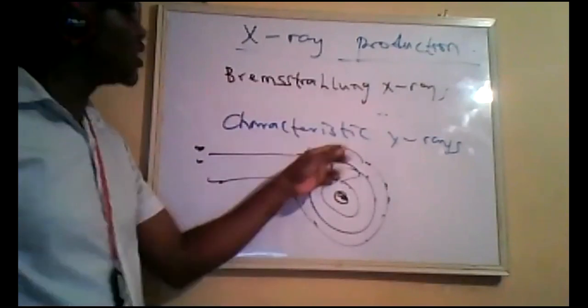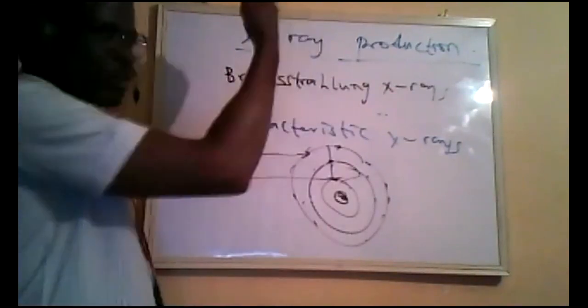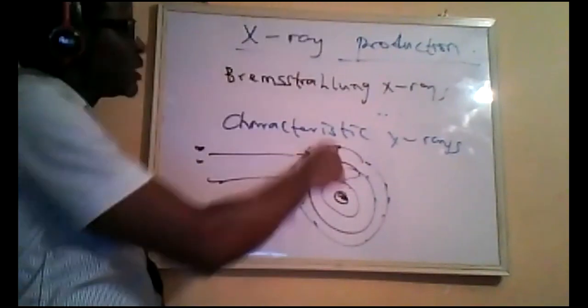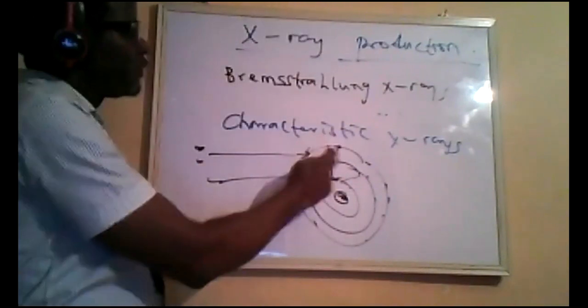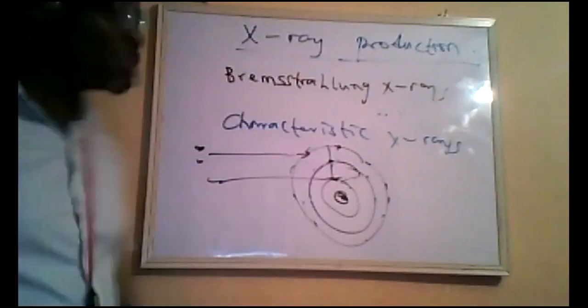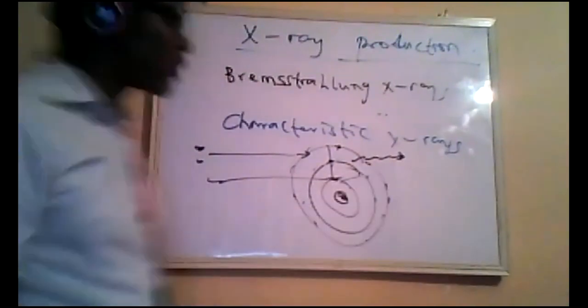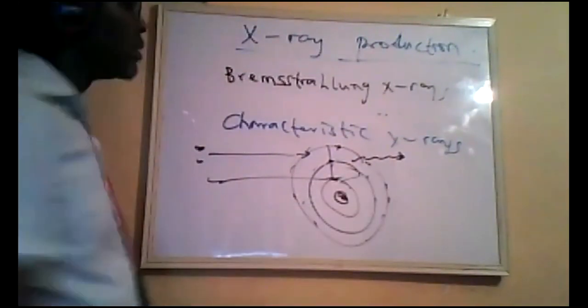The vacancy will now be filled with an electron from the upper shell. When that happens, the difference in the energy levels of these two shells will appear as a form of radiation, X-ray radiation, which is the characteristic X-ray.